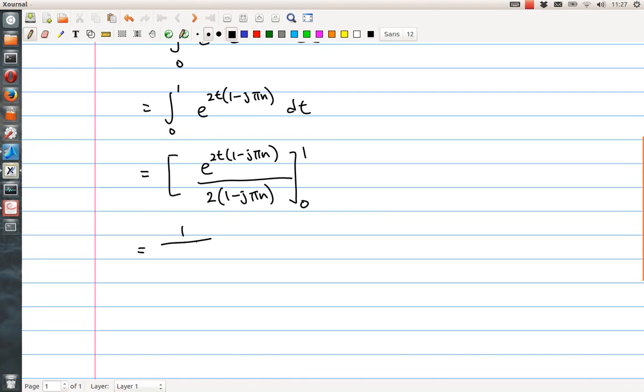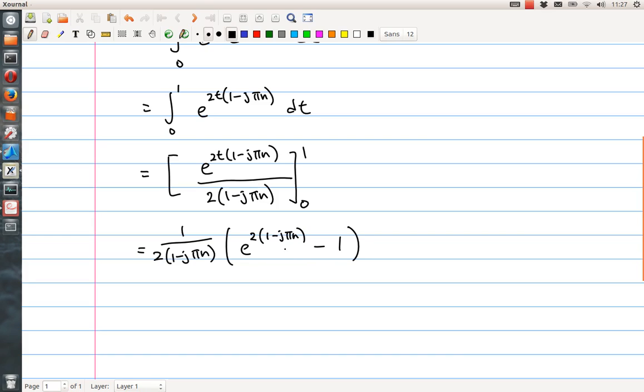A good idea is to factorize. Now upper limit minus the lower limit: I have e to the 2 times 1 minus j pi n, substituting 1 inside, minus e to the 0, which disappears, just 1. Basically that's the final expression for your exponential Fourier series.